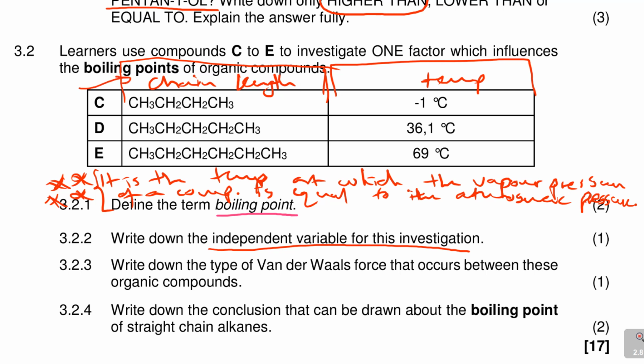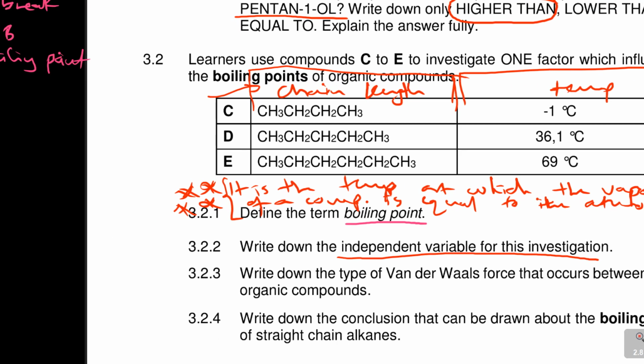It can be chain length, or molecular formula, or molecular mass. The mass is changing, or it can be the surface area, SA, molecular mass, chain length, molecular formula, and then number of carbon atoms.